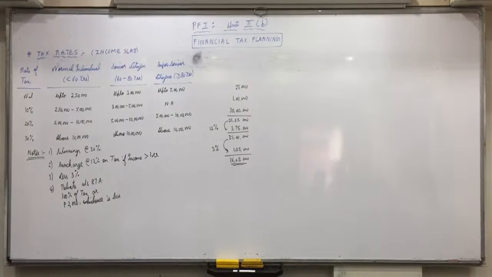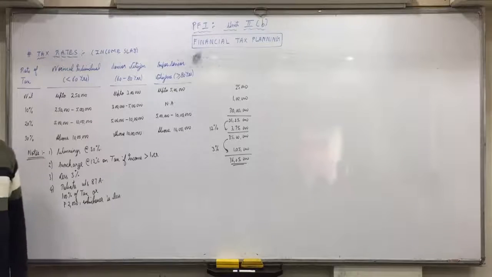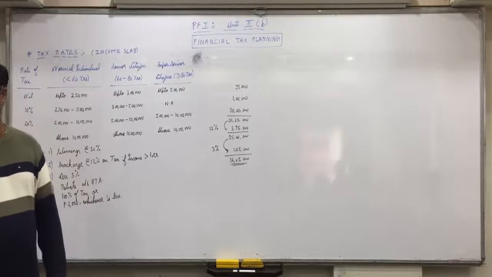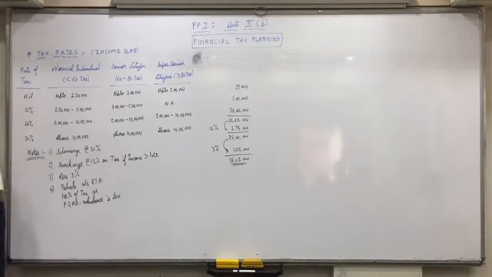Next paragraph. First, rebate should be deducted from income tax, and then cess will be added.